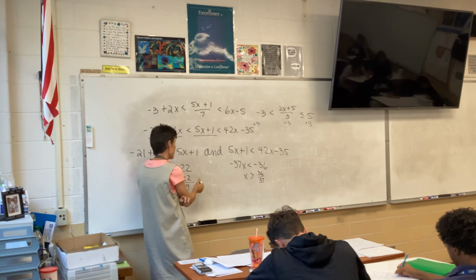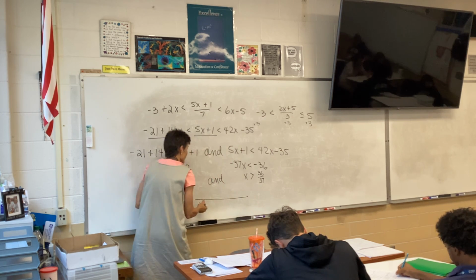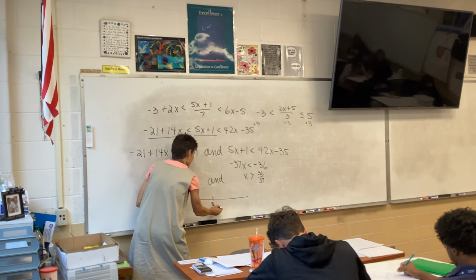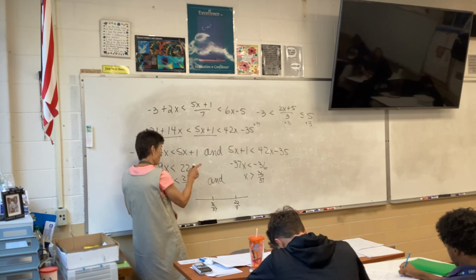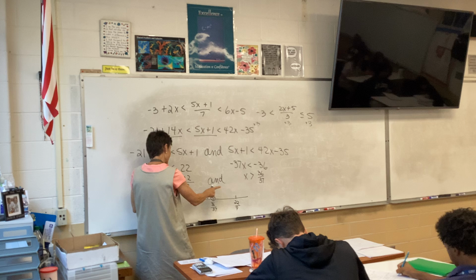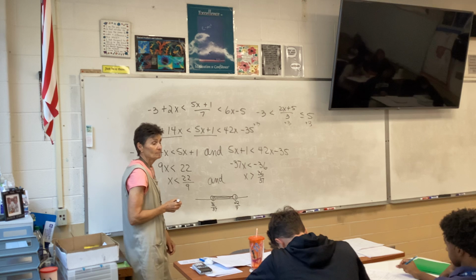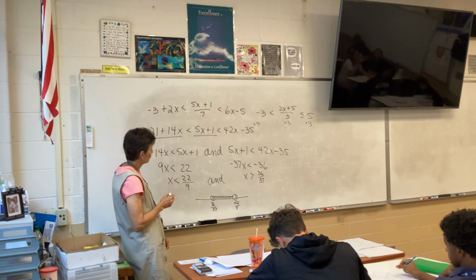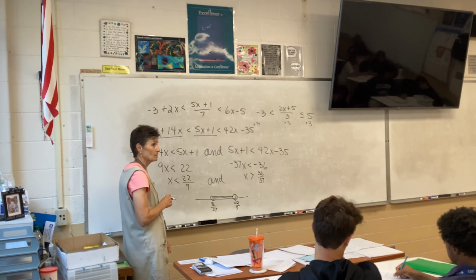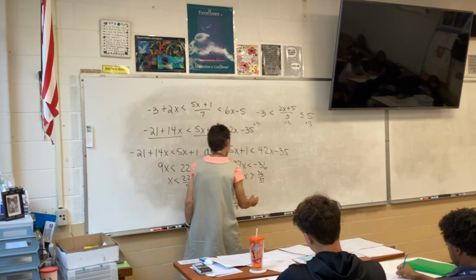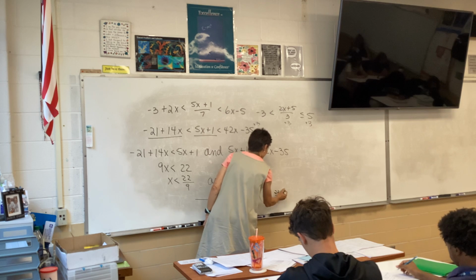So whatever my answer is, it has to meet both of those qualifications. So here's 36/37. Here's 22/9. I gotta be bigger than that one, but less than this one. Do you think I'm in between? I think I'm right, but double check my arithmetic. So my answer is the interval from 36/37 to 22/9.